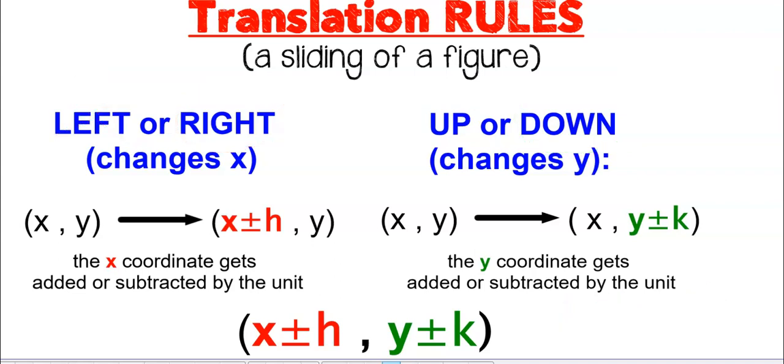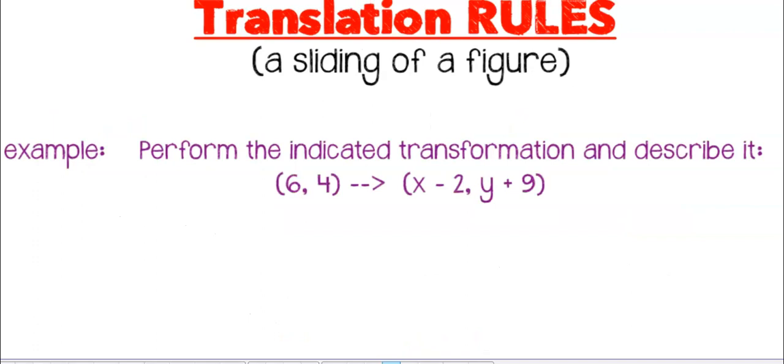Let's get started by looking at an example. In this problem, you are asked to translate the point 6, 4. And you're asked to do it by following this transformation rule. This indicates a movement along the x-axis 2 units to the left.